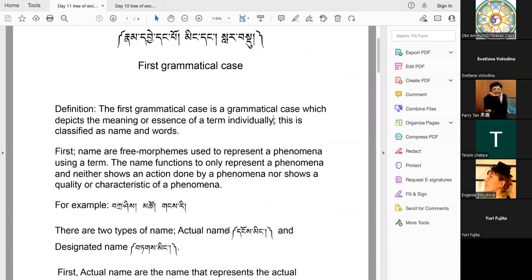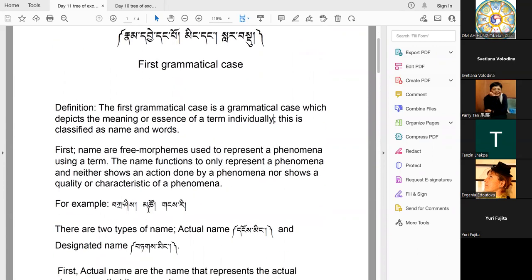Okay, so we have examples like Tashi, Cho. Tashi is a name of a person. It also means auspiciousness. Cho is a lake, a bigger one. The smaller ones are known as Tsho. Kangri means snow mountain.